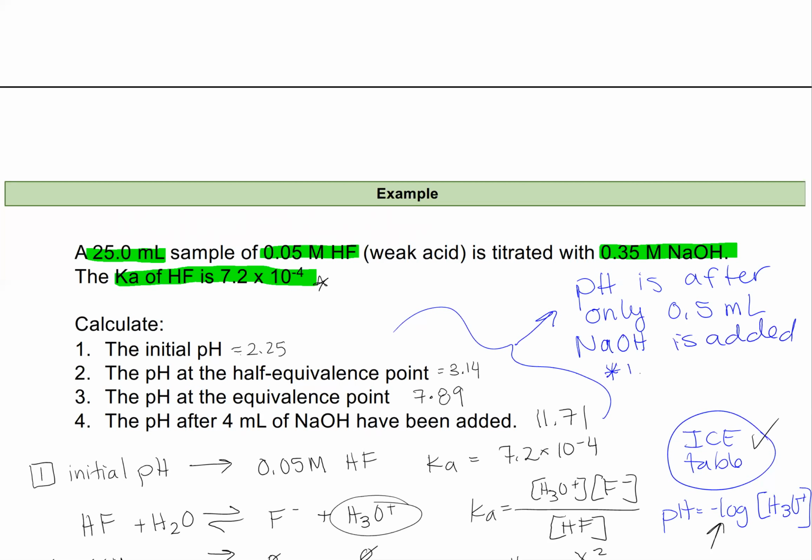So this is before the equivalence point. So this will be similar to one of the problems that we did. So take a look at our buffer lecture. And I'll post the solution for this along with the solution for the follow-up practice problems that follow this lecture.